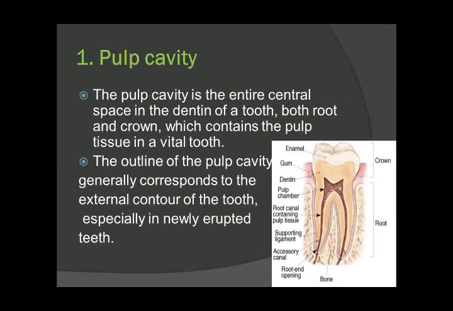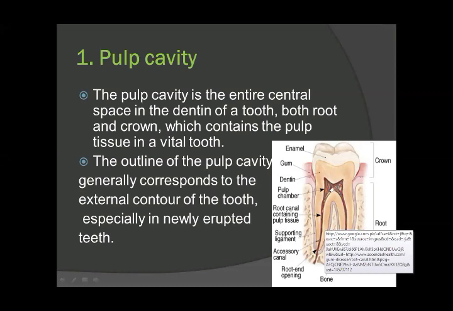The pulp cavity is the entire central space in the dentine of a tooth, both root and crown, which contains the pulp tissue in a vital tooth.